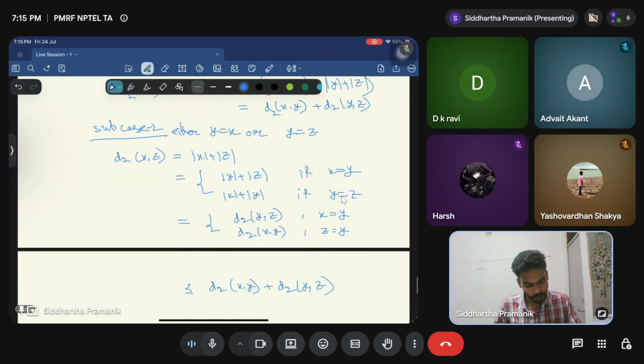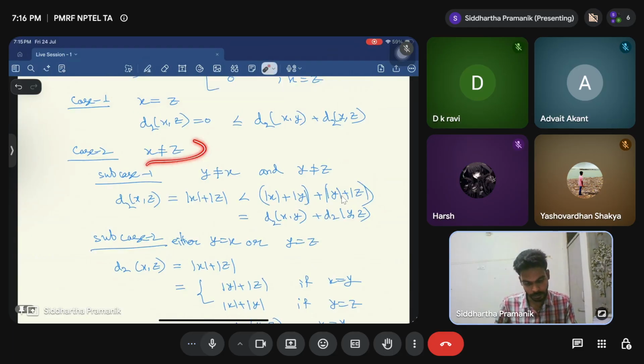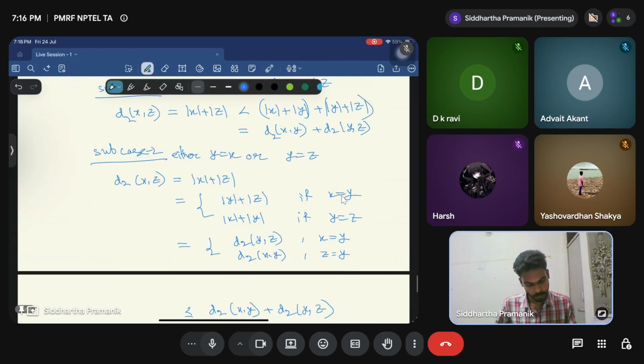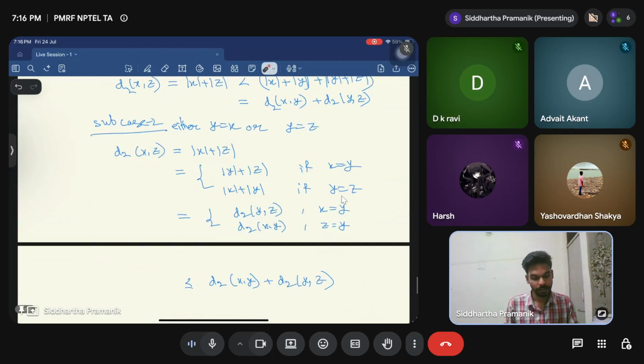So if y equals x, then y cannot be equal to z because x is not equal to z. So in the first case, if y equals x, then we just have this thing. This is d2 y z. And in the other case, if y equals z, then we have exactly the opposite thing, d2 x y. But both things are less than or equal to their sum.